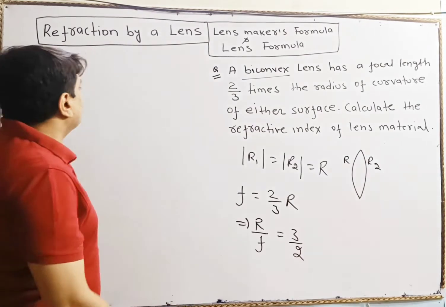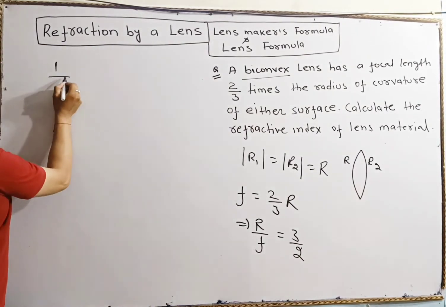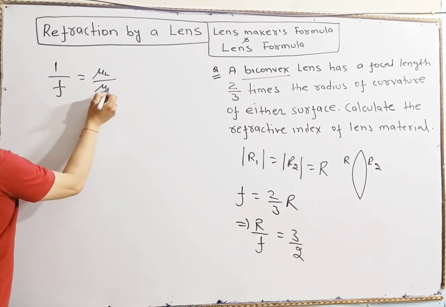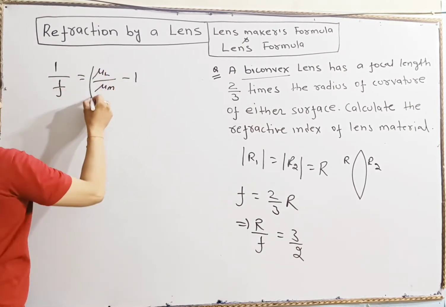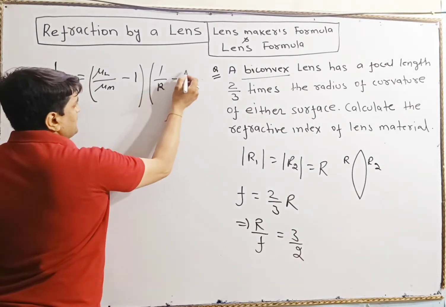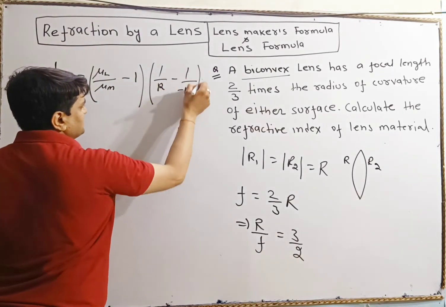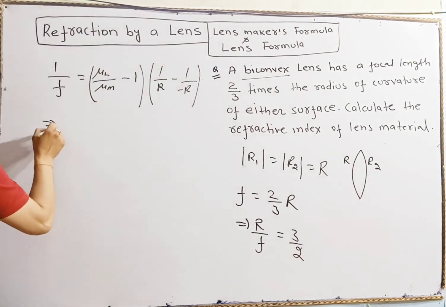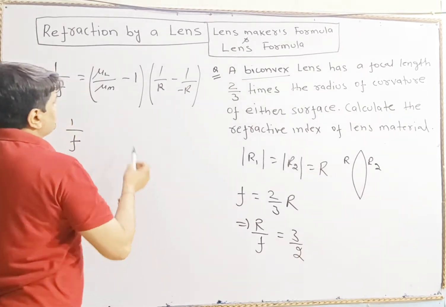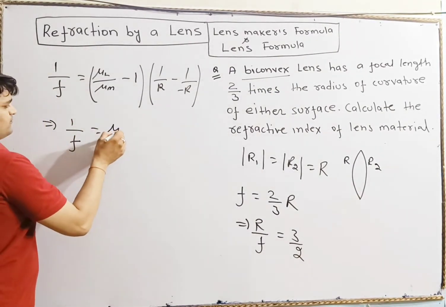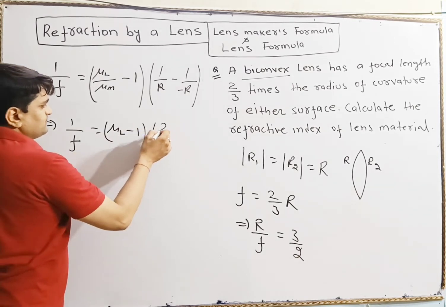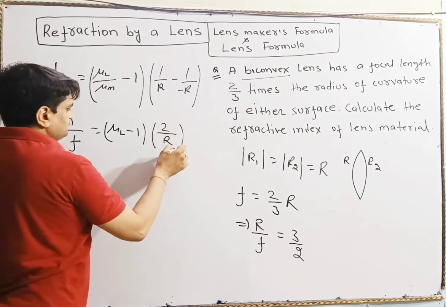Now we have the lensmaker formula: 1 upon F equals (mu L upon mu M minus 1) into (1 upon R minus 1 upon minus R). Because the medium is not mentioned here, by default we take mu M as air. It will be (mu L minus 1) into 2 upon R.